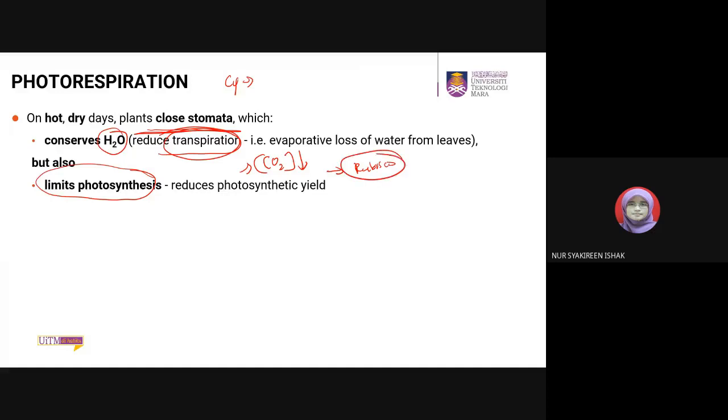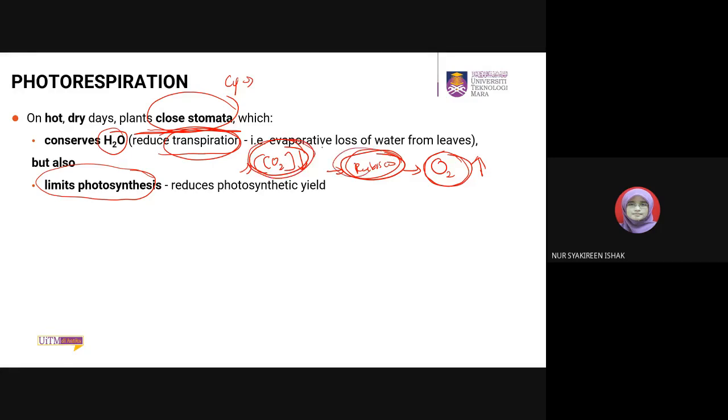Salah satu kelemahan Rubisco dalam Calvin cycle ni adalah bila concentration of carbon dioxide ni rendah, dia akan prefer bind kepada oksigen. Sebab apa? Concentration of oxygen dalam leaf akan meningkat sebab oxygen is the byproduct of light reaction. So when the stomata is closed, oxygen accumulates in the leaf. Okay, so when oxygen accumulates in the leaf, Rubisco will prefer to bind to oxygen instead of carbon dioxide.